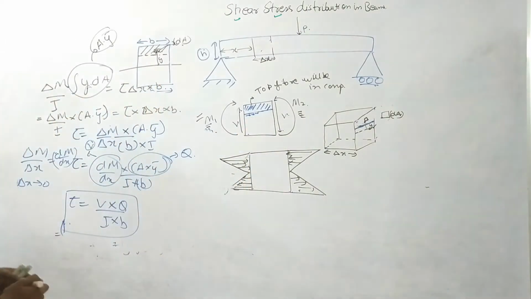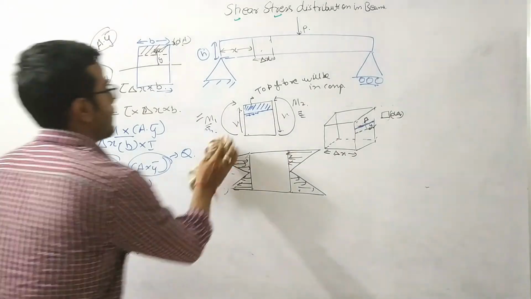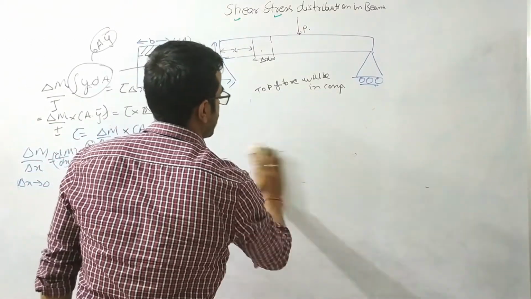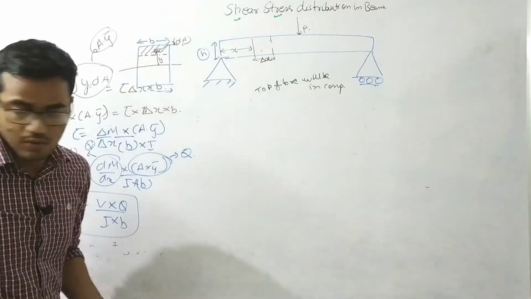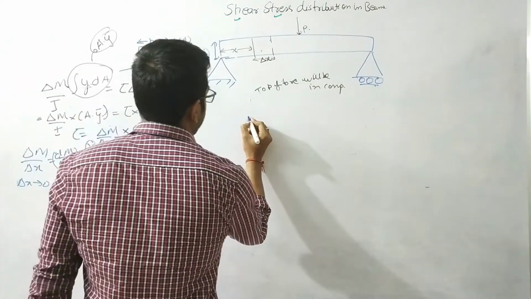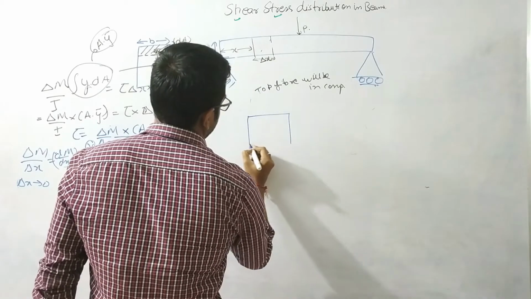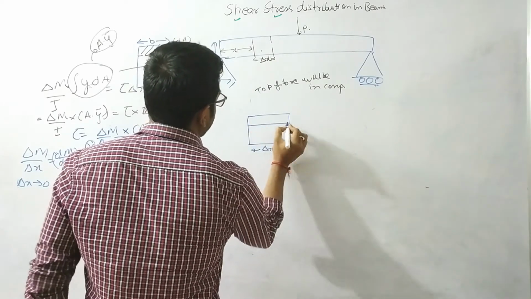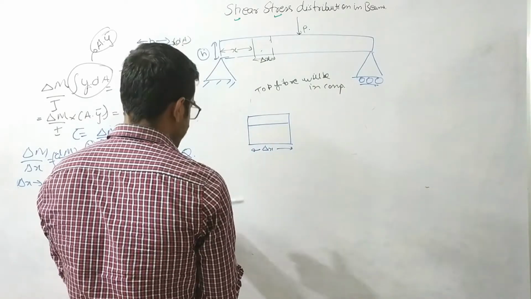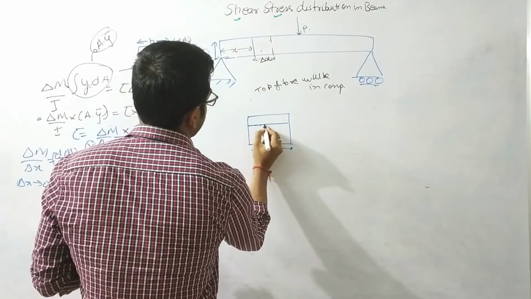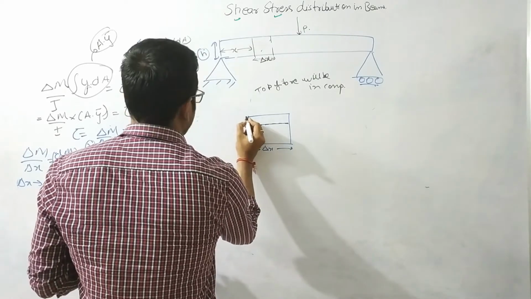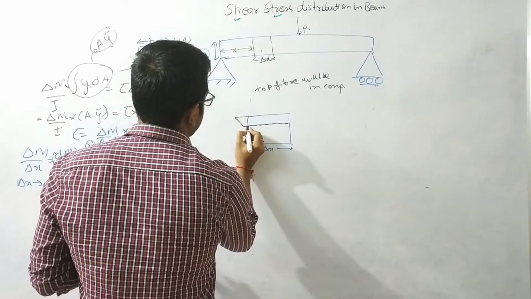Now if we look carefully at this figure, what is happening? This is my delta x element. This is the plane which we have considered to calculate the horizontal shear stress, and these are the forces.